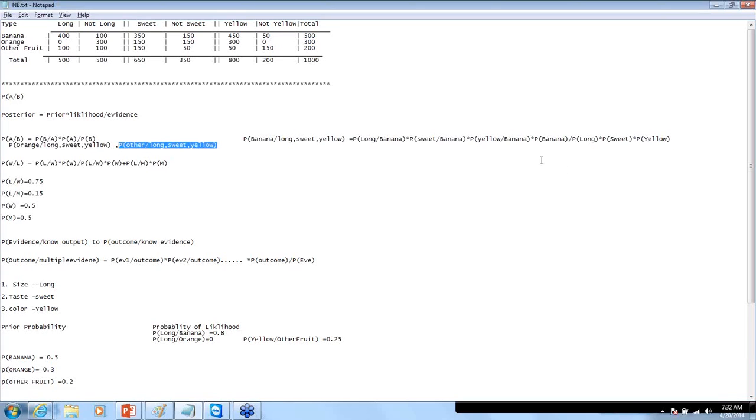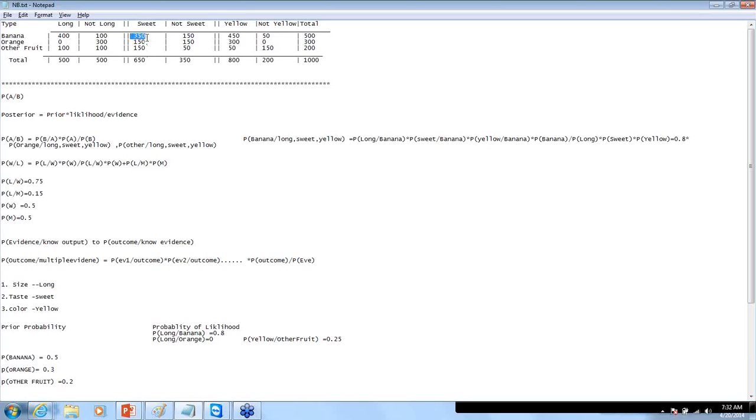If you put all these mathematical terms into this one, we have calculated below the probability that it's long and banana, it's 0.8, multiplied by sweet and banana, that also we can find out. Let's say in the table we have sweet and banana.